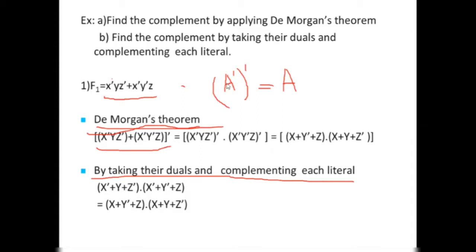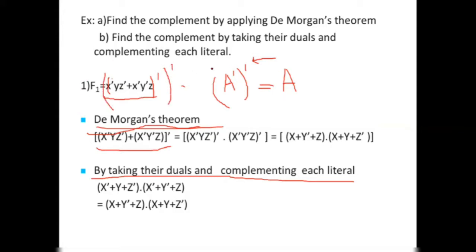To apply De Morgan's theorem, we need to have some complement, so we put a complement this way. A equals its complement's complement. So this F1 equals this function's complement's complement.